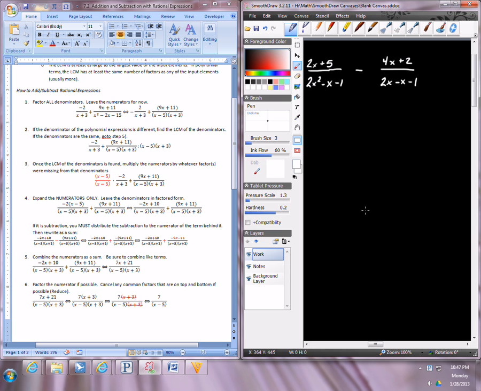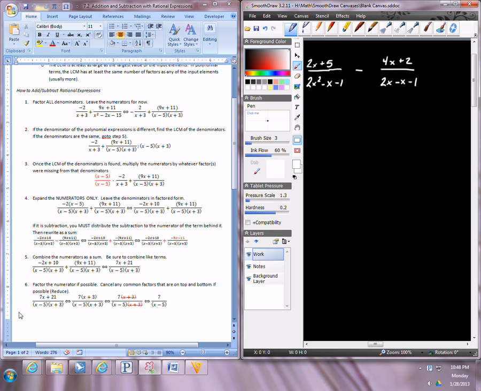All right, so what I've done here is I've created a little step-by-step algorithm for us to travel through, and as we do that, we're going to be taking a look at this problem over on the right side of the screen. The very first thing, whenever you're dealing with rational expressions for the first time, I highly suggest you factor all the denominators. If you're adding and subtracting, just factor the denominators.